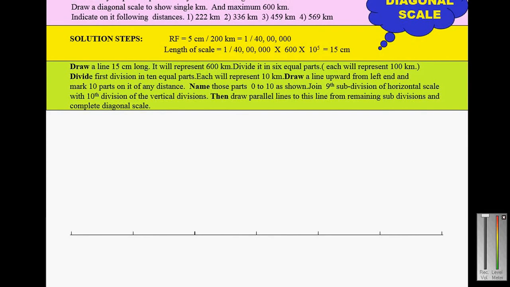So this is the line, the length is 15 centimeter, and divide that into 6 equal parts, and each division will represent 100 kilometers.